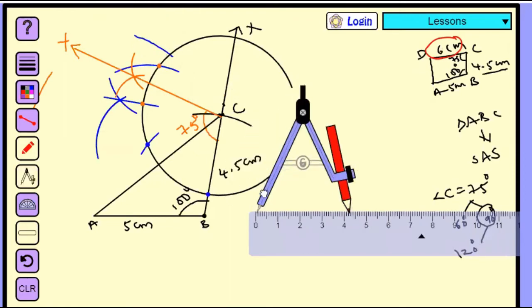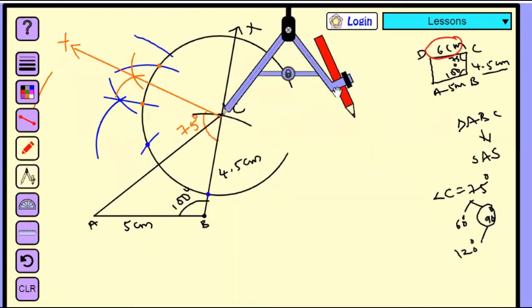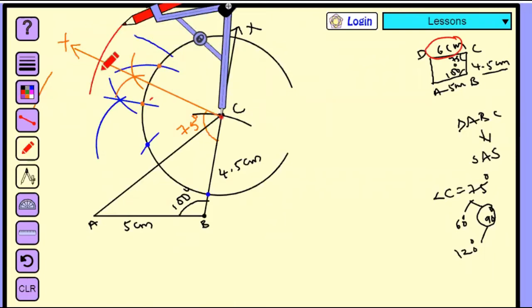Now with C as the center and a radius of 6 centimeters, draw an arc which cuts the previous ray CY at point D. Now here we are getting the exact point D.